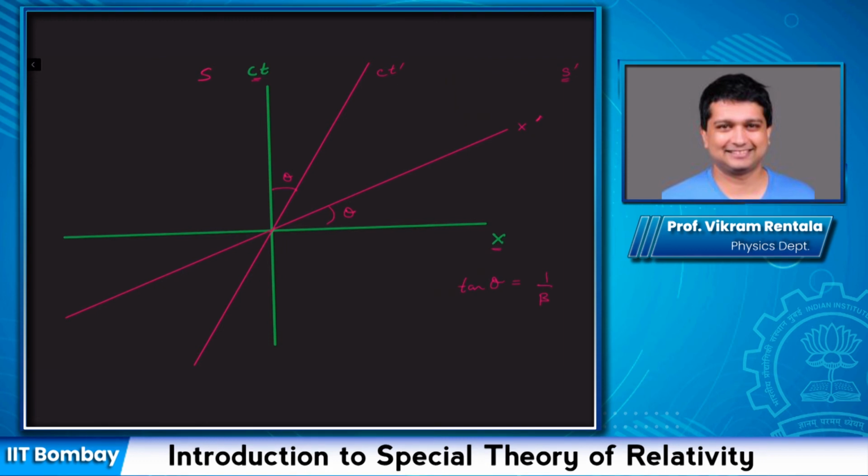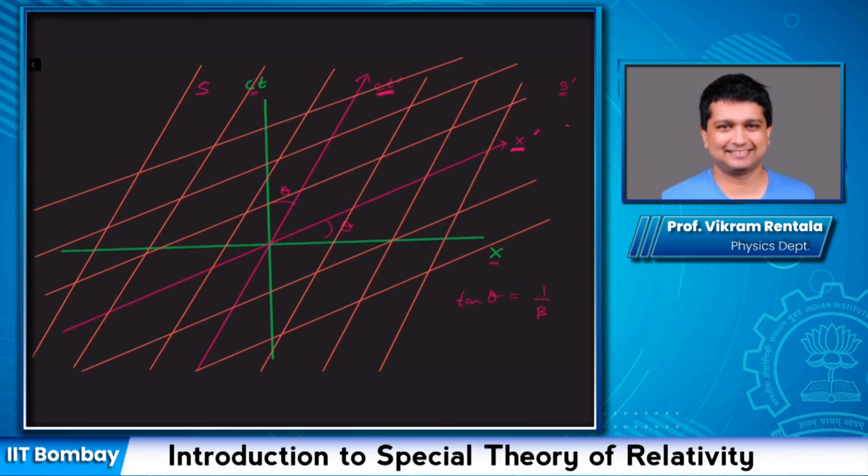And now what we have to do, if we want to locate the space-time coordinates of any point on the space-time diagram according to observers in the frame S prime, is draw a similar grid, except the grid would have lines which are parallel to the t prime axis and parallel to the x prime axis. So let's draw those.